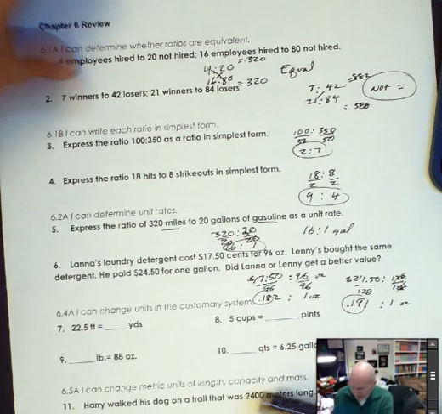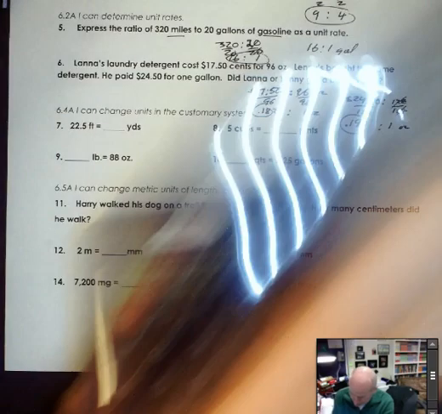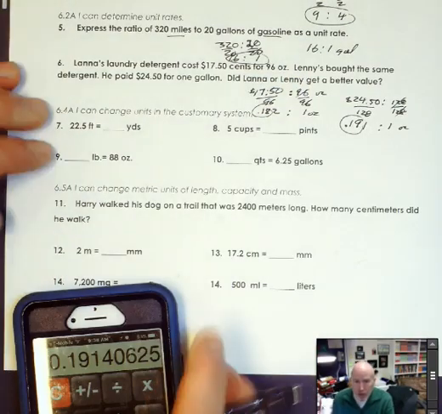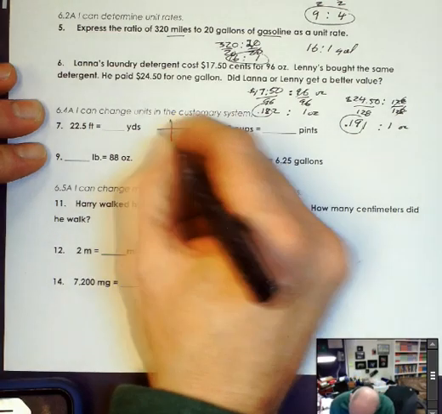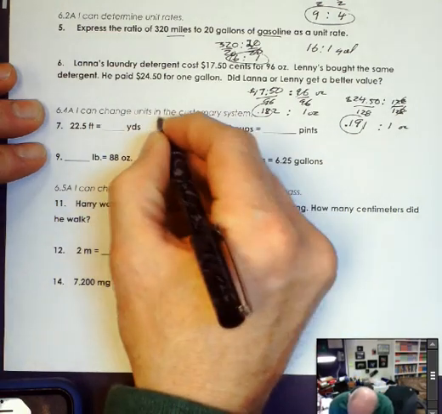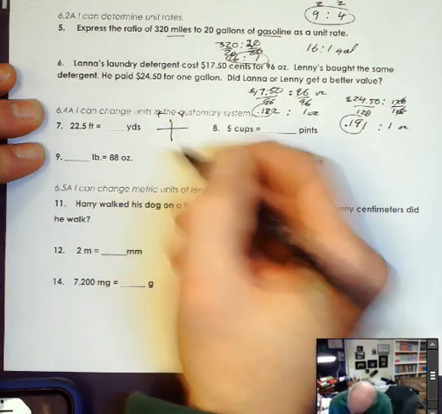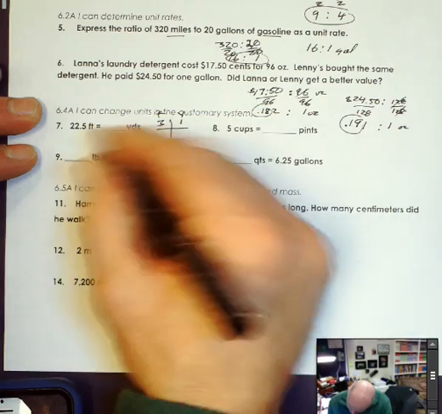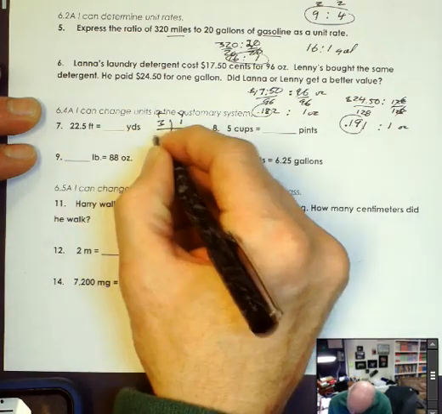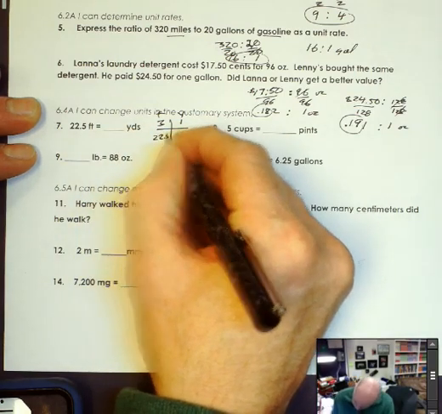I'm going to slide this up so you can see a little bit better. We're just going to box these guys. We've got feet and we've got yards. And so we know that there are 3 feet in 1 yard. Here we have 22.5 feet.